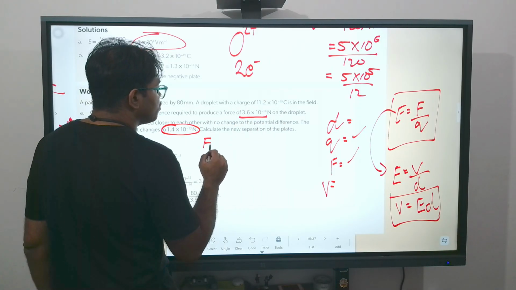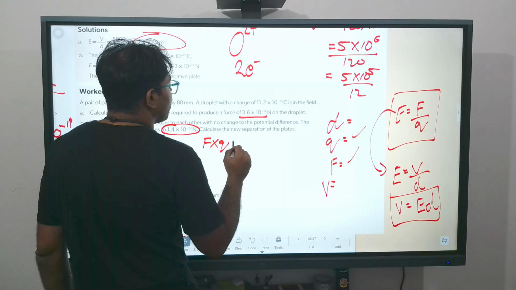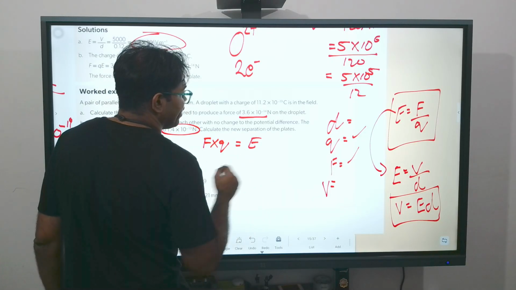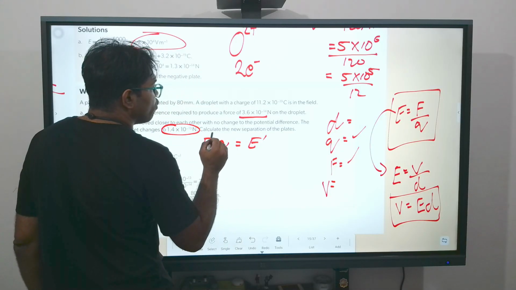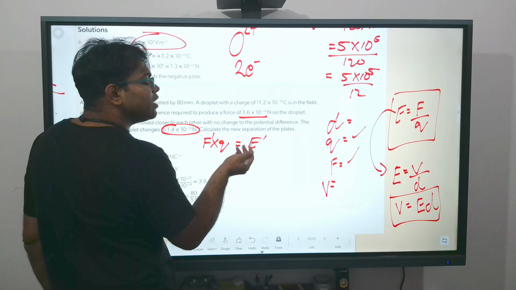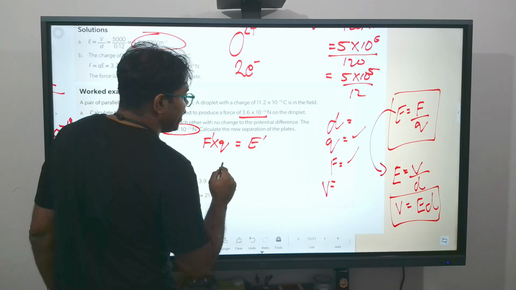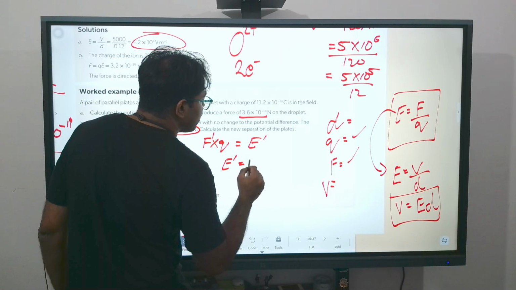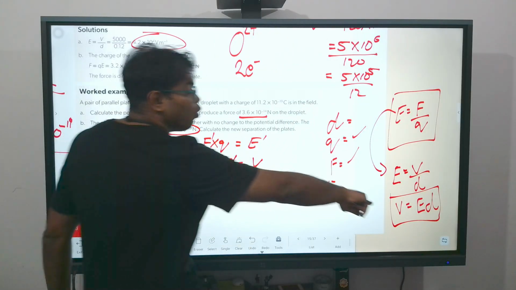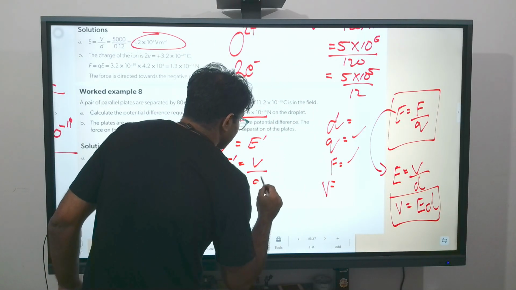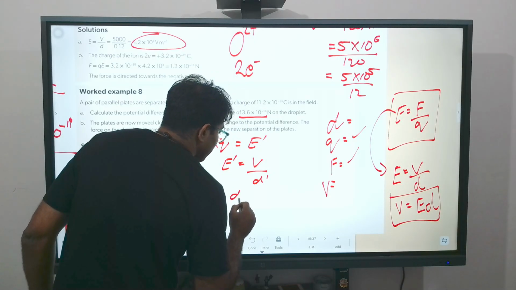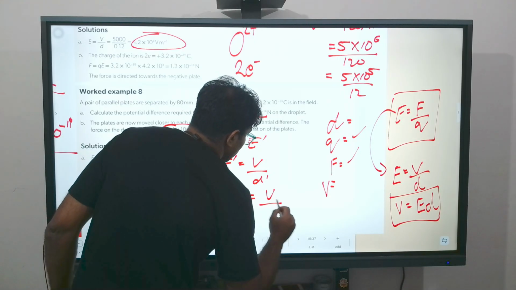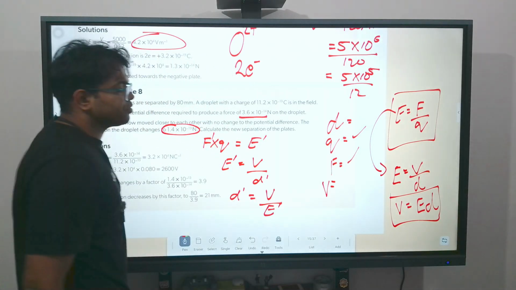So new force F dash divided by the charge, which remains the same, will give us the new electric field, E dash. E dash is equal to the old voltage upon D dash. Therefore D dash is equal to volt upon E dash.